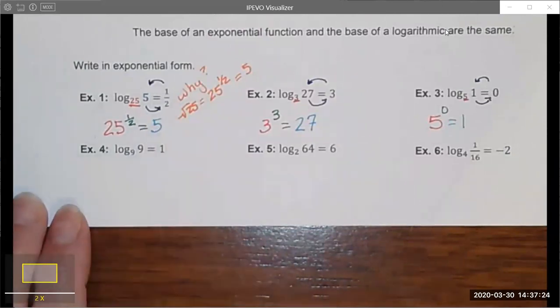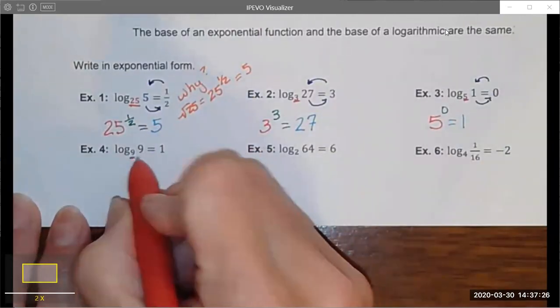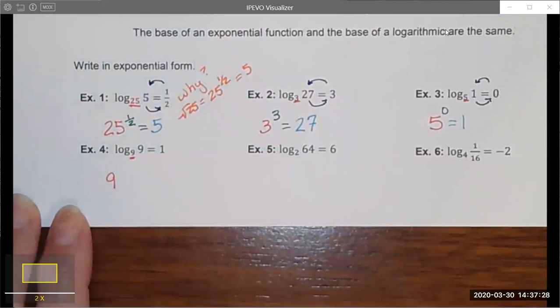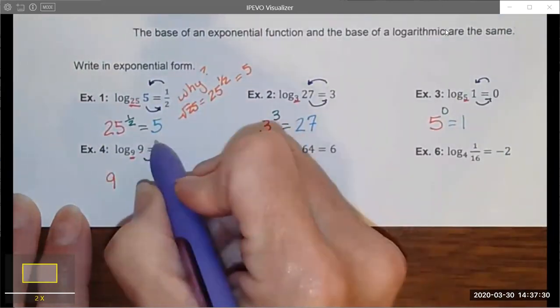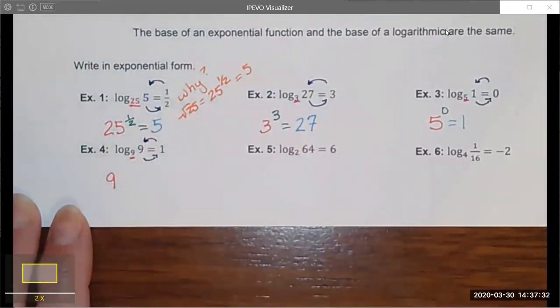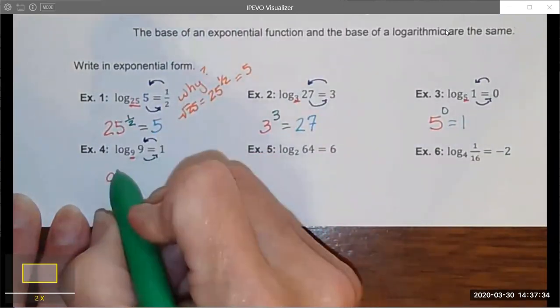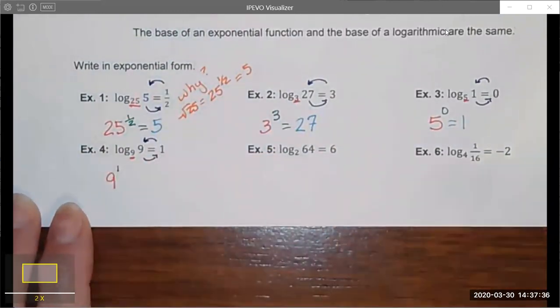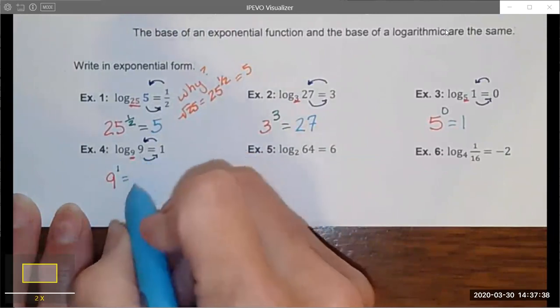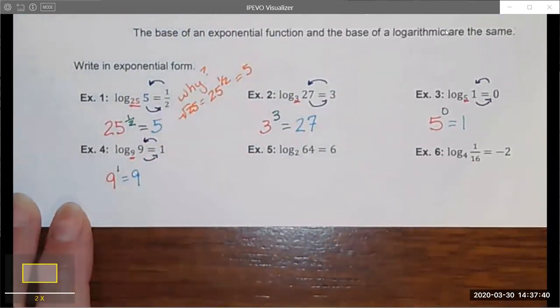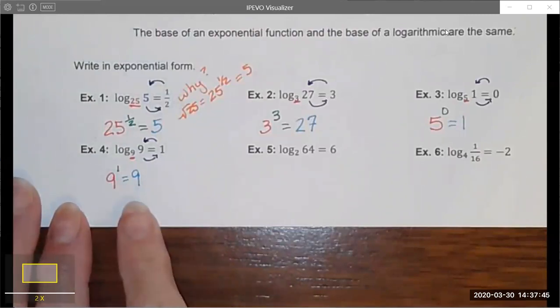Example 4. Find our base, roll our log. The exponent becomes 1, and what we're equal to becomes the 9. This should also make sense. Anything to the 1st power is just itself.